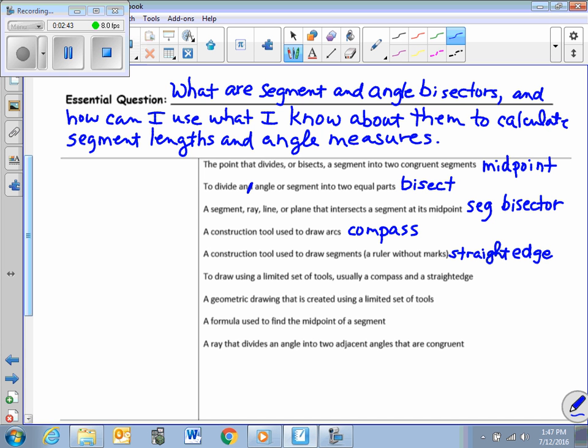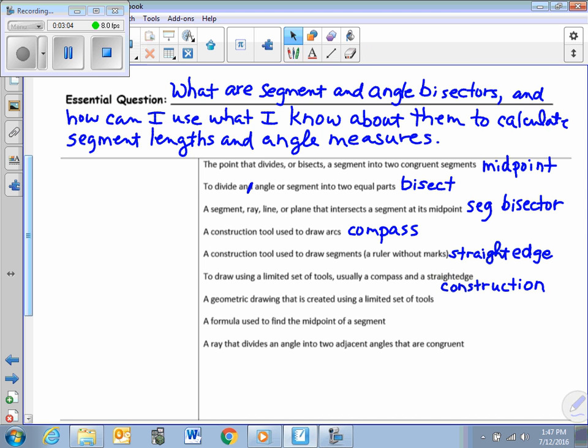Straight edge makes segments. Construction means to draw using a limited set of tools, typically compass and straight edge. Every once in a while we'll need a protractor for a construction, but most often we will just use our compass and straight edge to make those drawings.